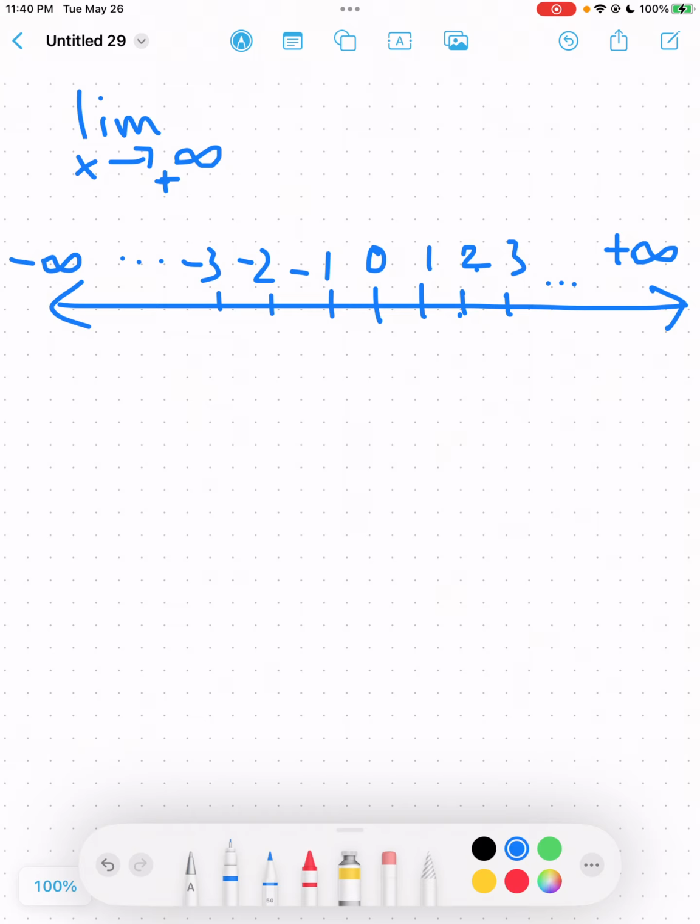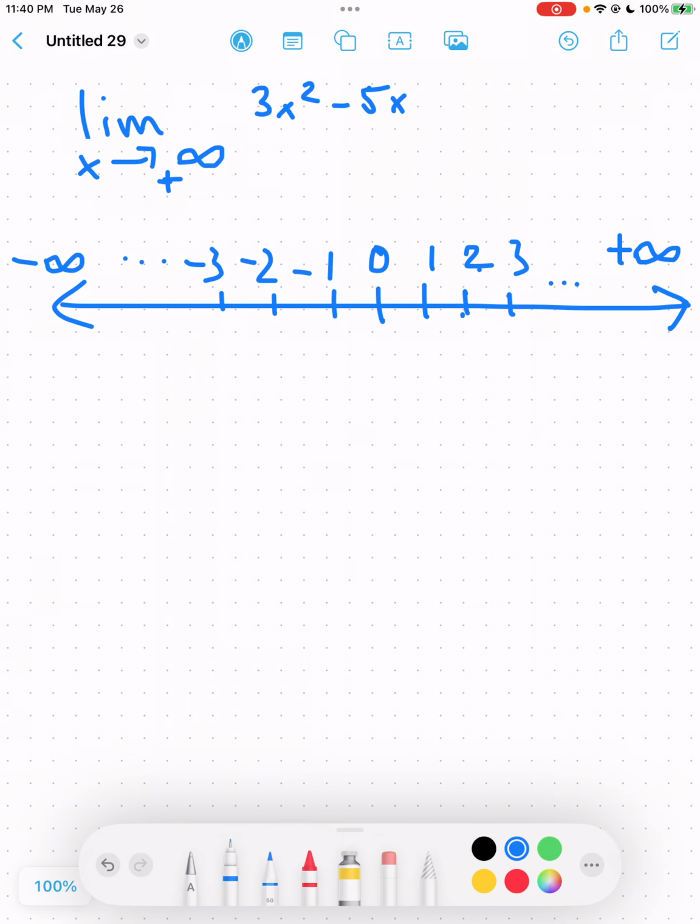So we have 3x squared minus 5x plus 2, all divided by 7x squared plus 4x minus 1. Okay?